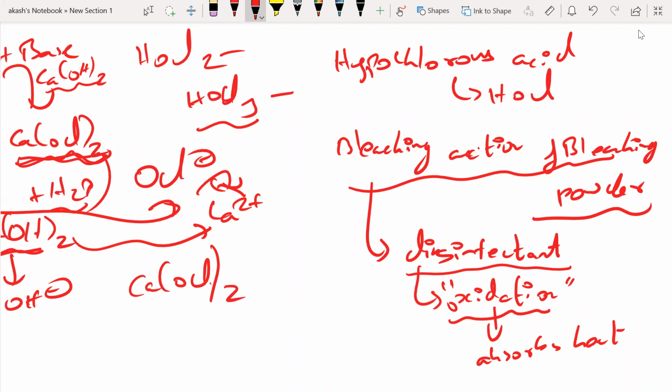The next thing is, as I told you, bleaching powder as such, that is Ca(OCl)2 as such, will not be involved in the bleaching action. Something will come out of the bleaching powder, and that is responsible for the bleaching action. Do you know what I'm speaking about? Anybody trying to correlate what I'm trying to say?